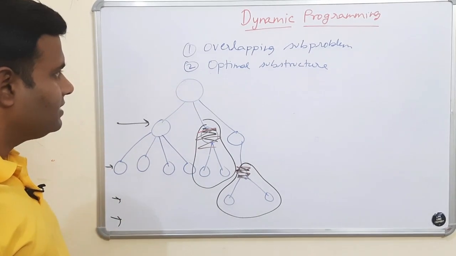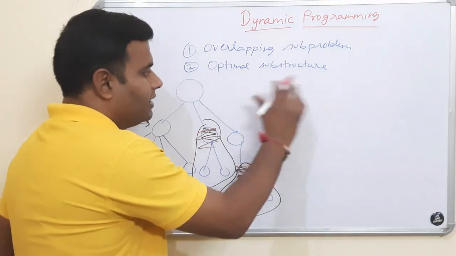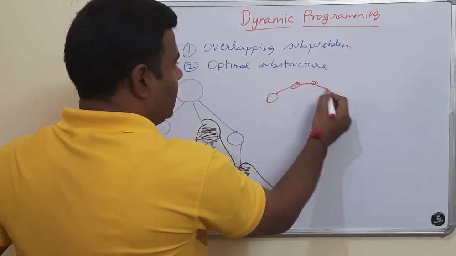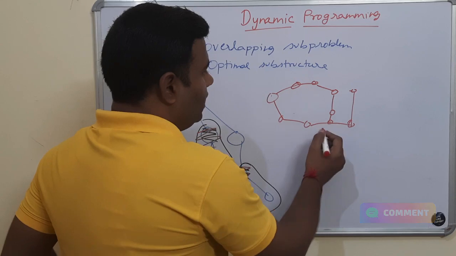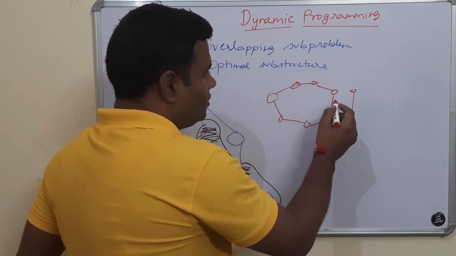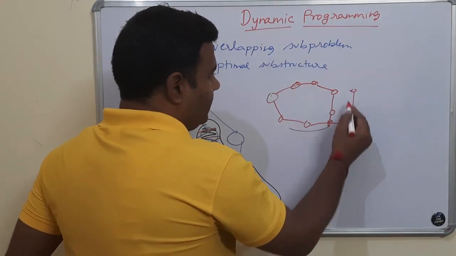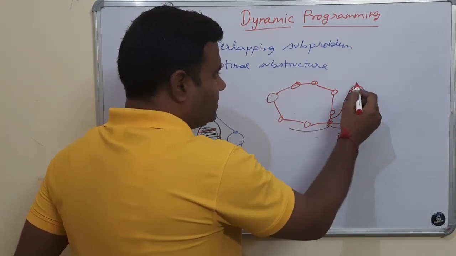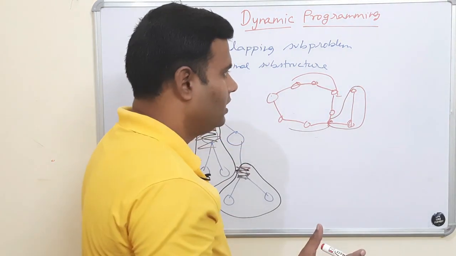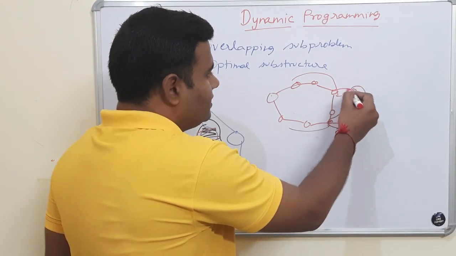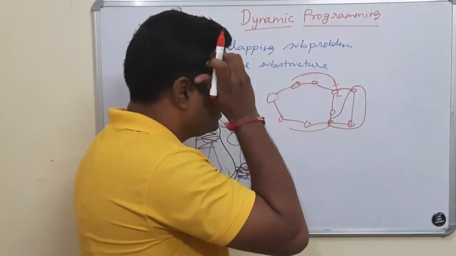Or even within the problem, it should not be the case that, let's take a graph problem, I'm just taking this randomly. Whatever the cost of reaching this point is, it should be the same. Let's say if you come from this side there are a few restrictions, and this connection is available only if you come from this route.